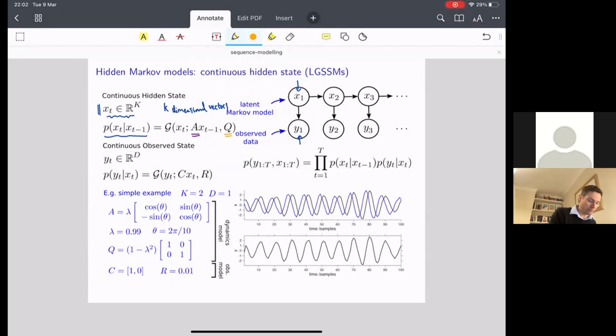Just to make sure we're happy, the matrix A here is going to be a K by K matrix, and Q is going to be a K by K covariance matrix.